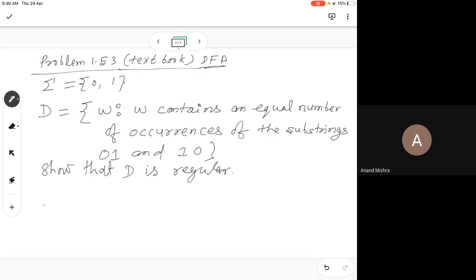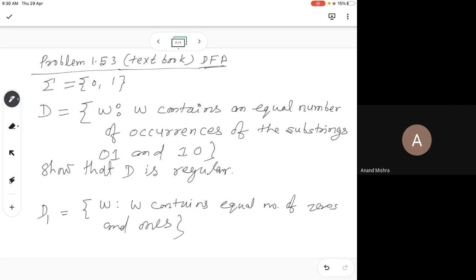let's call it D1. W contains equal number of zeros and ones. Is D1 regular?